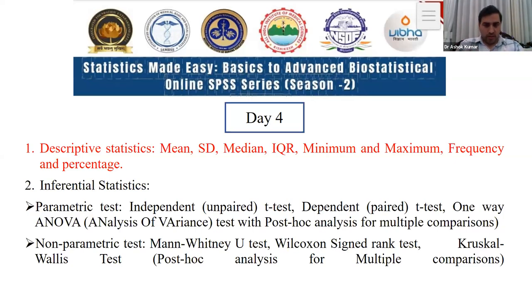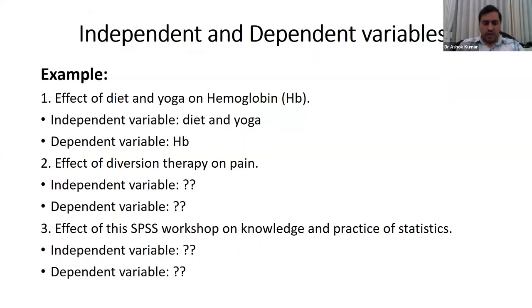Okay, so we have discussed this slide yesterday. These are examples of what are independent and dependent variables. Example 1 is effect of diet and yoga on hemoglobin, because hemoglobin level is dependent on diet and yoga. So hemoglobin is the dependent variable, diet and yoga are independent variables.